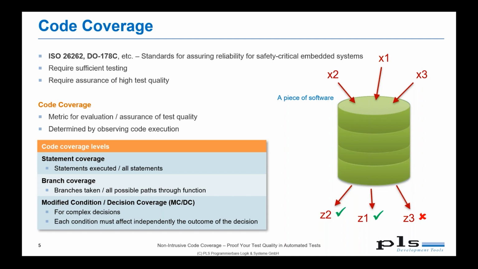And if you have more complex conditions or decisions that combine multiple simple or atomic conditions, the MCDC coverage requires that you have to ensure that each condition, simple condition or atomic condition in such a decision, independently of the others affects the outcome of this decision.